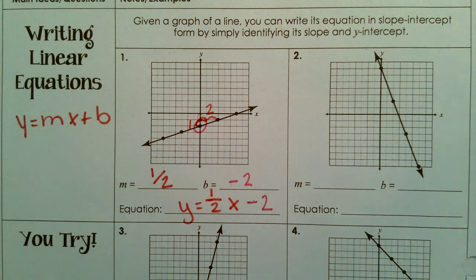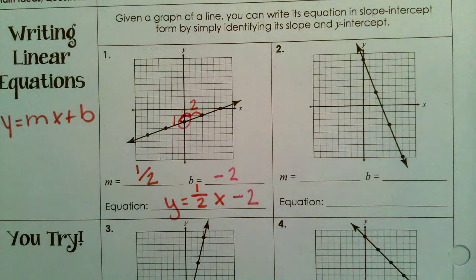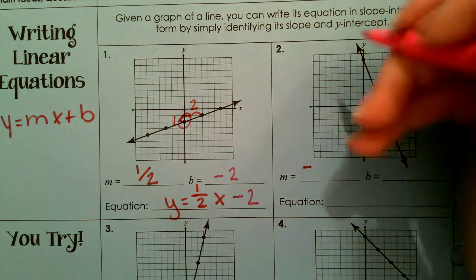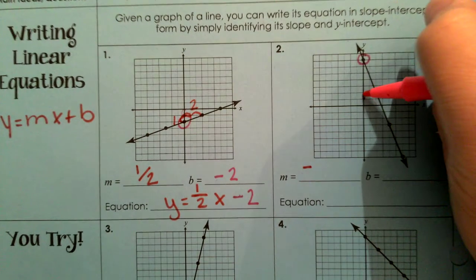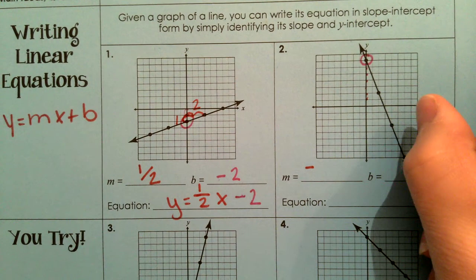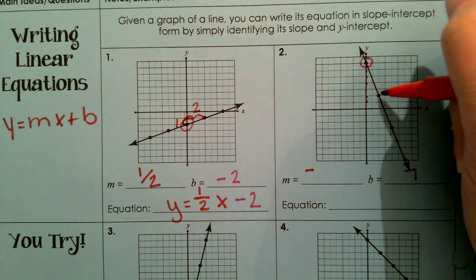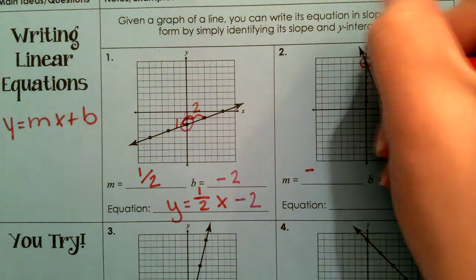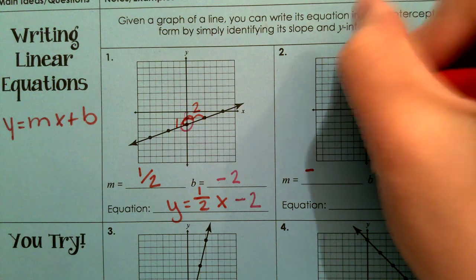Okay, I'm going to go through and do that same thing on number 2. But I notice this is a negative line, so I know I'm going to have a negative slope. Okay, well, I see that my y-intercept is right here, and that's at 1, 2, 3, 4, 5, 6, 7. So that's at +7. And then I'm going to go to the next nice point, which is this one right here. So I go down 1, 2, 3, 4, 5.